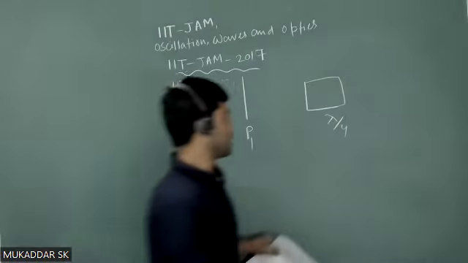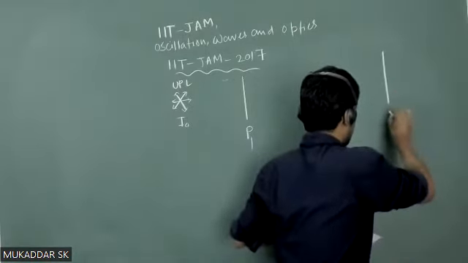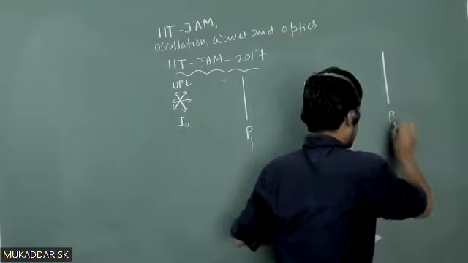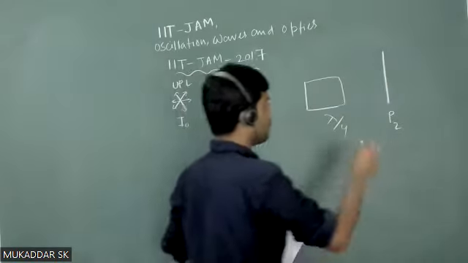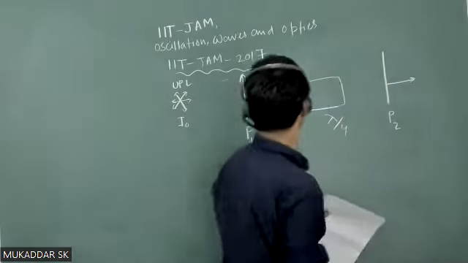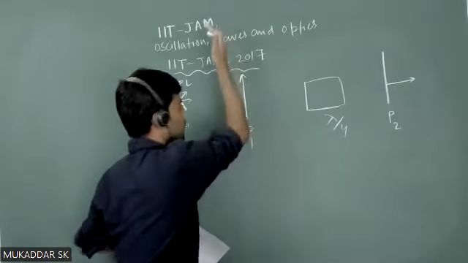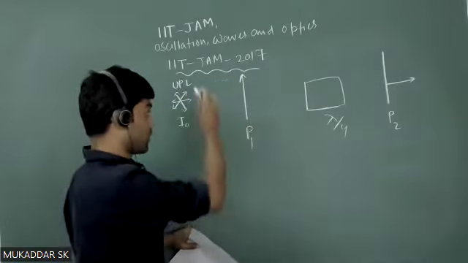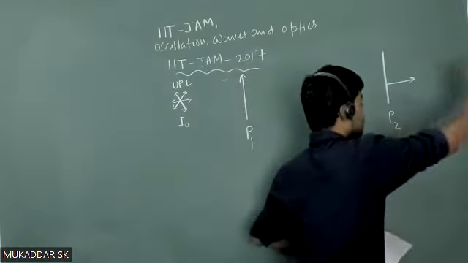Then further there is another polarizer, that is P2. The polarization axis of P2 is perpendicular to P1. So if the polarization axis of P1 is in the vertical direction, of course, the polarization axis of P2 will be in the horizontal direction.